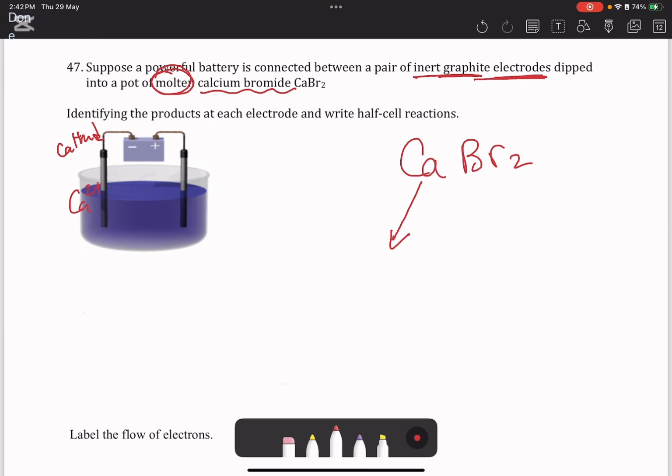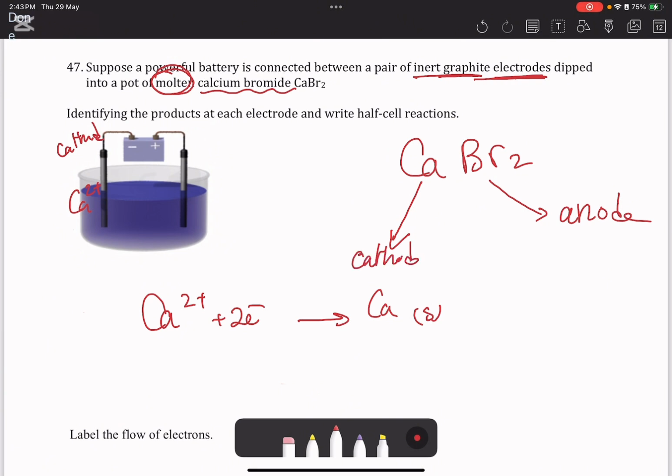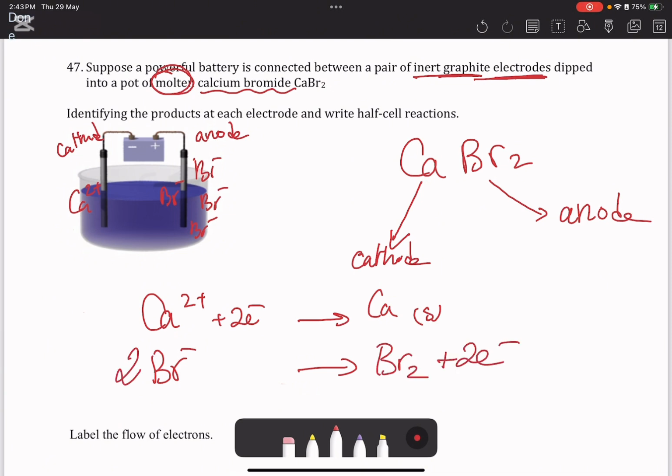and I will obtain calcium metal deposited at the cathode, and the other one will be deposited at the anode. So I have Br minus coming around the anode, attracted to the anode electrode, and they will undergo an oxidation, turning into Br2 plus 2 electrons.